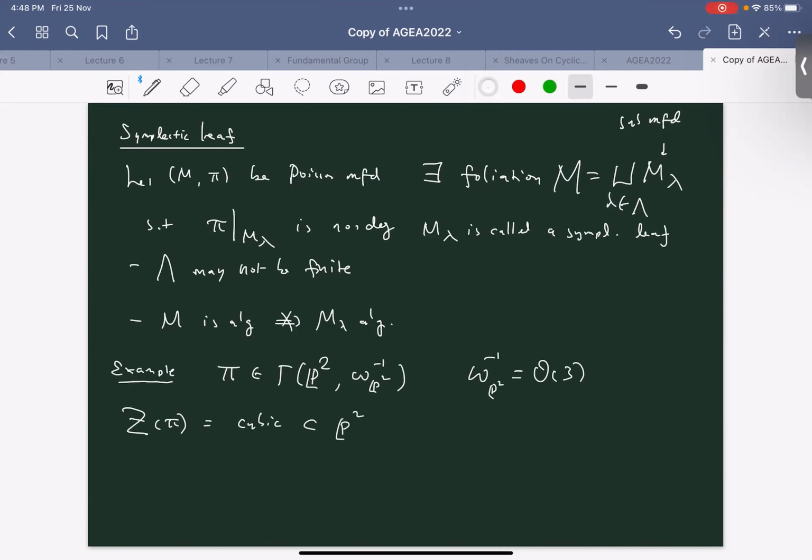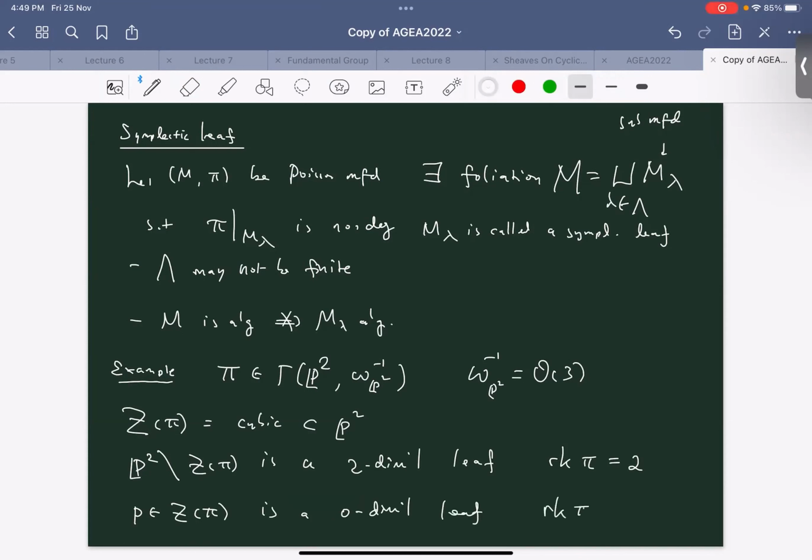It's easy to check, because the dimension is 2, that the complement of this cubic is a 2-dimensional leaf, i.e. the rank of pi restricted to any point there is equal to 2. Moreover, if I take a point inside the zero locus of the section, then this is a 0-dimensional leaf. In other words, the rank is equal to 0.